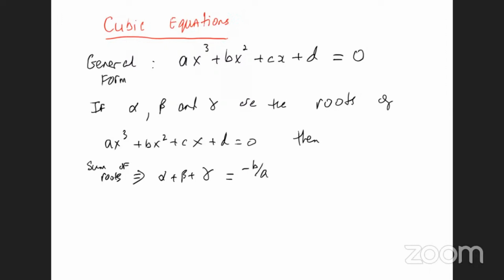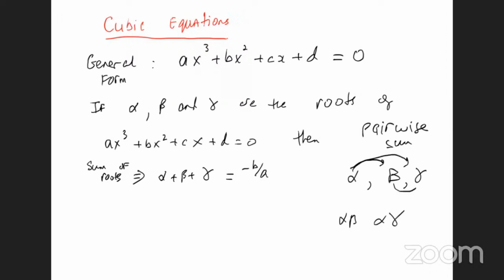I want you to understand how they came up with the pairwise sum. If you have two roots, right? And you want to find the pairwise sum, what it means is that you're pairing them up. So you're pairing alpha with beta, pairing alpha with gamma, and you're pairing beta with gamma. And then you're adding them up. That is called a pairwise sum.